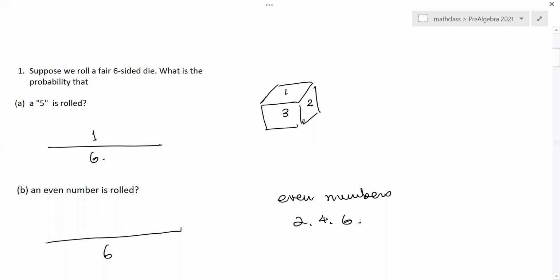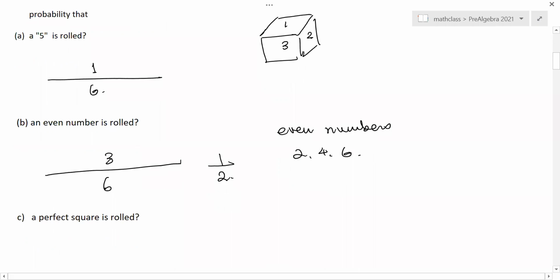So the number of successful outcomes, also called desired outcomes, will be 3. After you simplify, that will be 1/2. Got it? Just because you have 3 even numbers there.